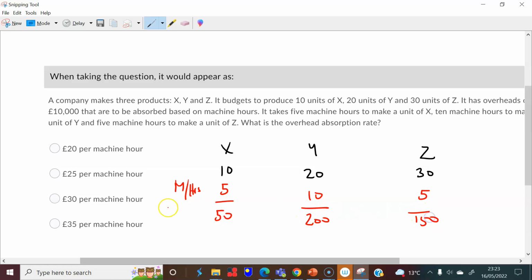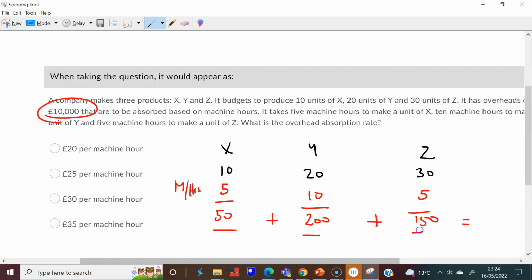Therefore, you have all these hours driving a total cost of £10,000. That's the argument here. So the total, of course, is the 50 plus the 200 plus the 150, which is equal to 400 machine hours.